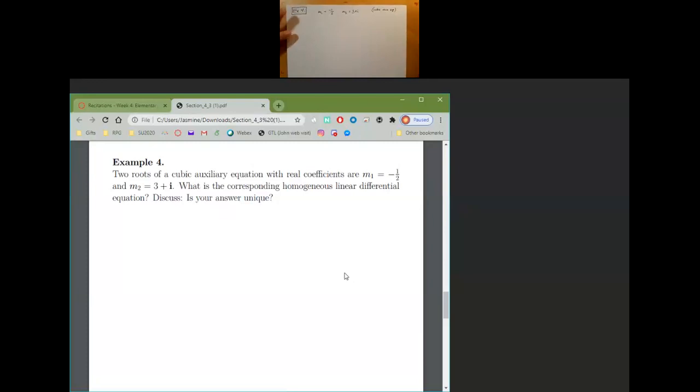So we know that the maximum power here is 3. So we know that we have some kind of a m cubed plus b m squared plus c m plus d equals 0 as our original auxiliary equation.